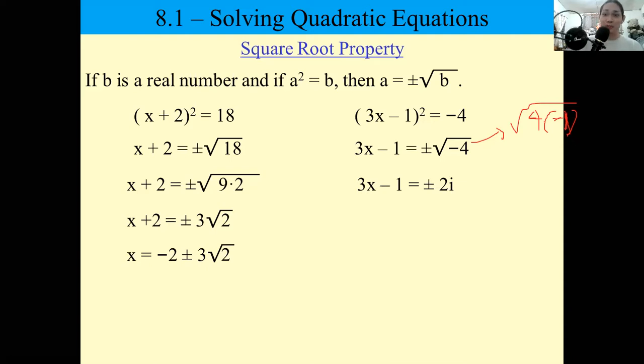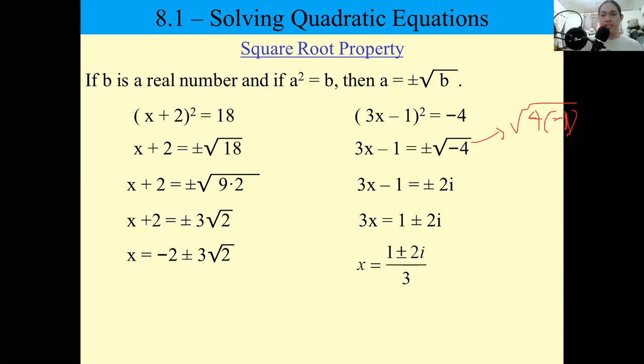We can solve for x by, of course, leaving x on the left side of the equation. So transpose negative 1 to the other side, or you can apply the addition property of equality. You can just have 3x is equal to 1 positive and negative 2i. And of course, you can divide both sides by 3 to isolate x.